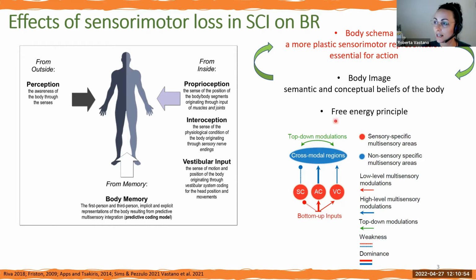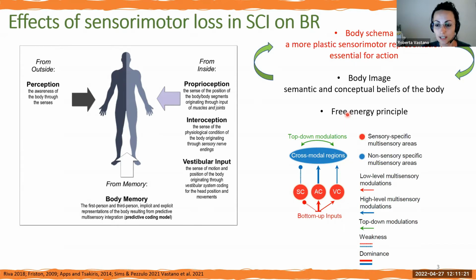We also propose that body image and the free energy principle can be less impaired following spinal cord injury. The first is because this relies less on sensorimotor integration. So it relies more on our memory, on the way we see our body. The second is because the free energy principle may adapt to the new way that the stimuli can be predicted.